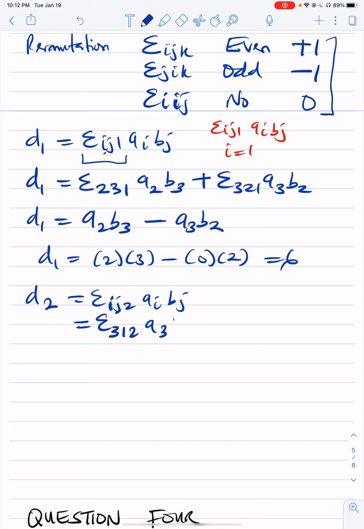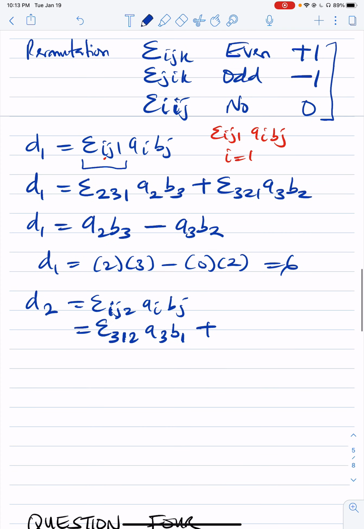A3, B_J where J is 1, so this is 1, right? So plus, if you look at where is the expression, yeah, this one. First we've tried I equals 3, that's fine. If I now is 1, then J should be 3. If this J is 1, it turns this to 0.